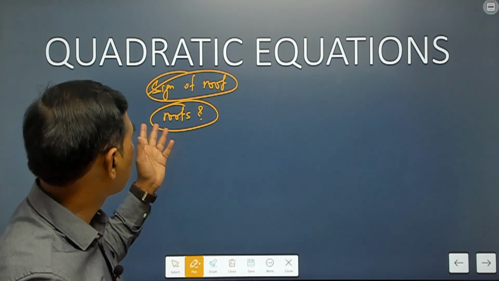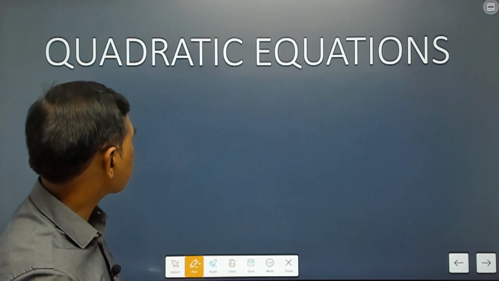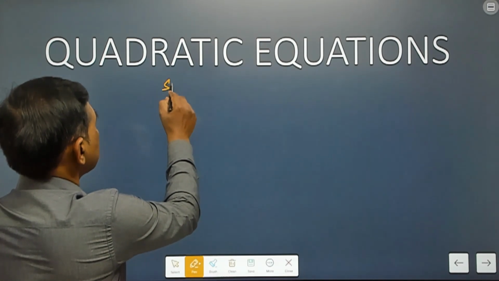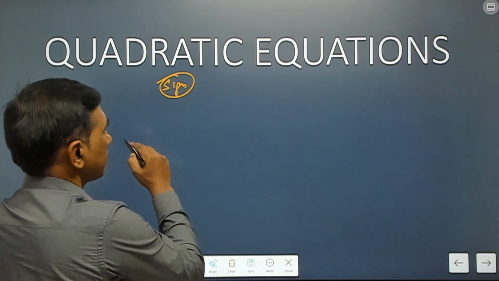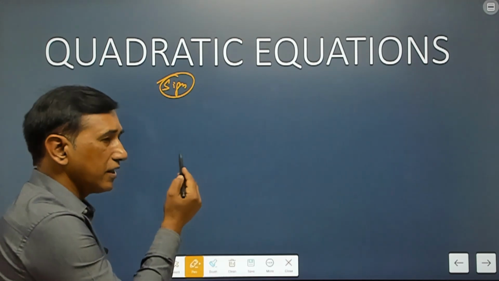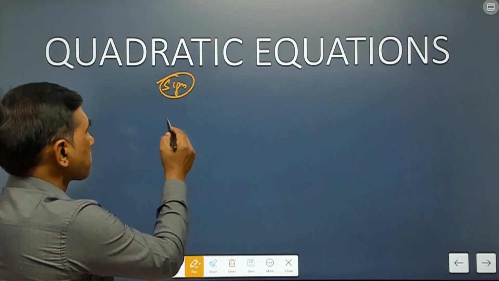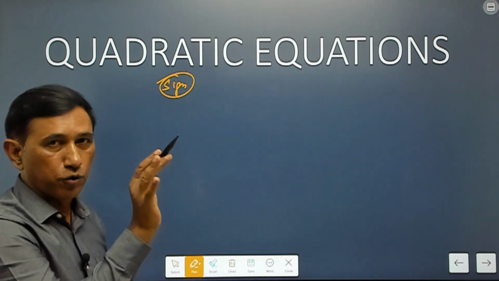So first I'll go with the sign. For the sign of roots, generally quadratics are of four types.